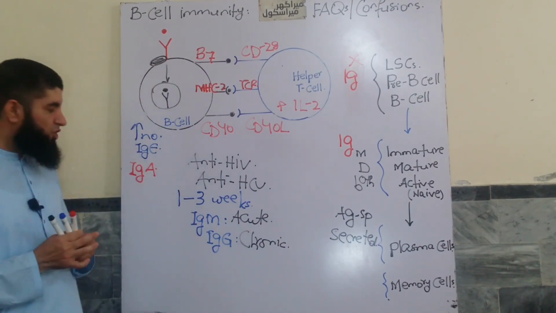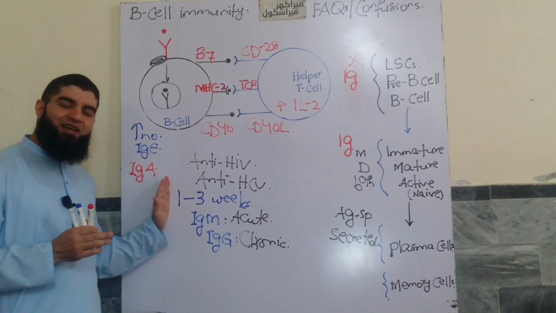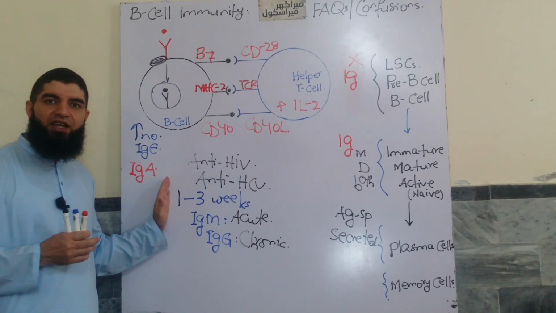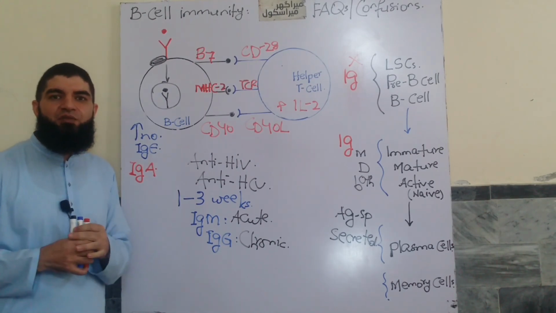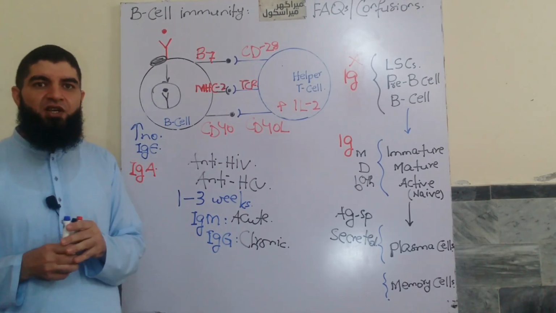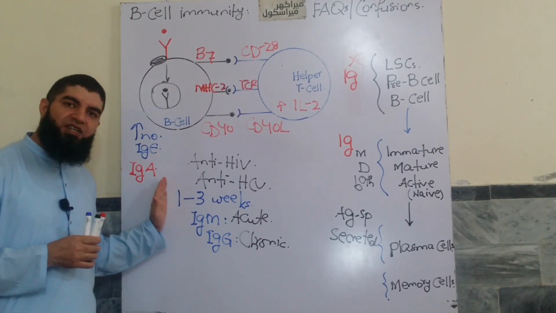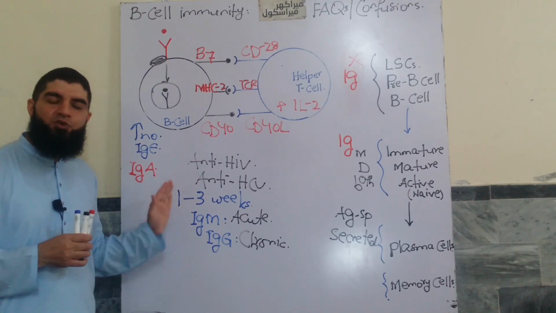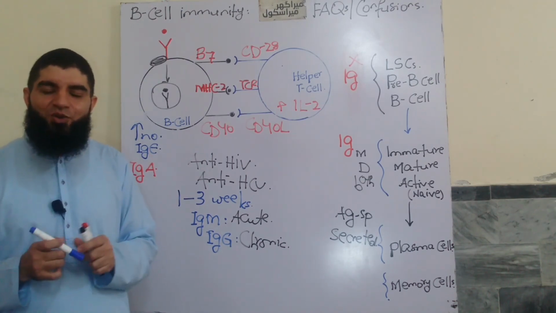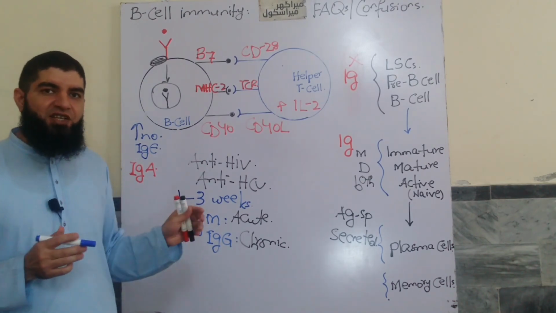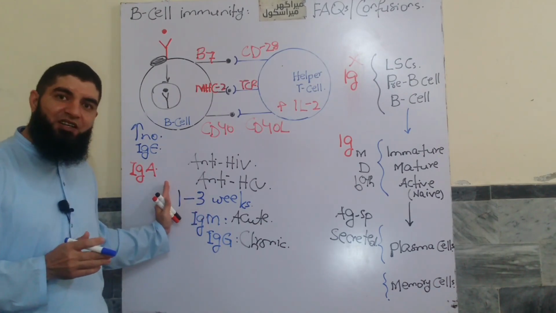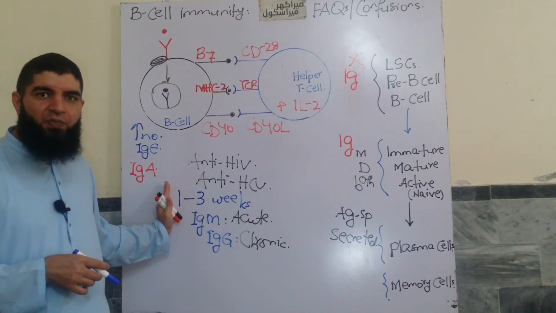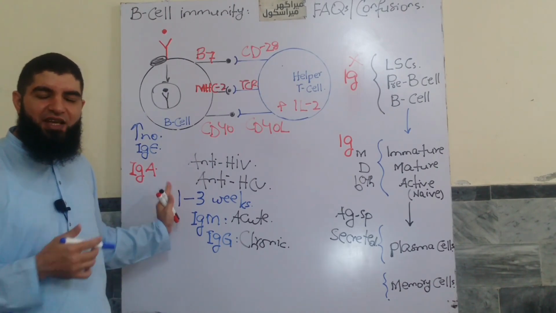So if a person presents to us early, say they are ill for 1 to 2 days, and we order an antibody test, there is a chance for the antibody test to be negative because it is too early for the B lymphocytes to synthesize those antibodies. In such cases we may need to go for repeat testing, usually at 6 weeks interval. So we need to take care of this fact as well.